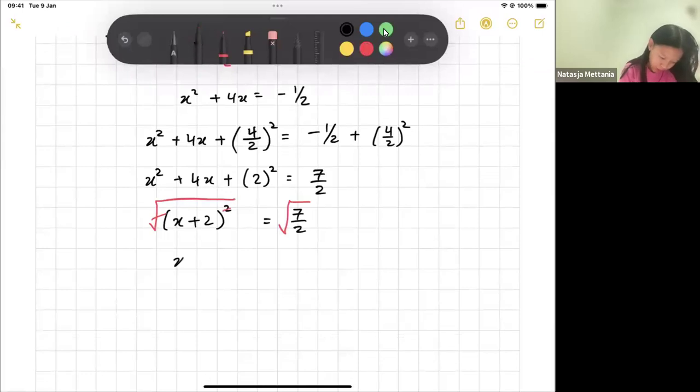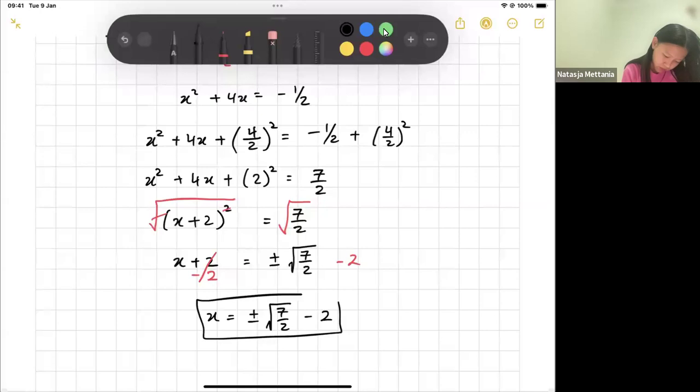Then what I'm left with on the left-hand side is x plus 2 equals plus or minus root 7/2. To get rid of this plus 2, I need to subtract it. This will cancel out. My answer is going to be plus or minus root 7/2 minus 2.